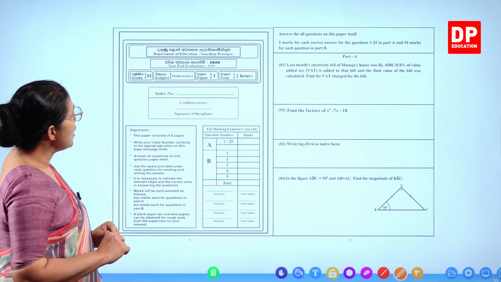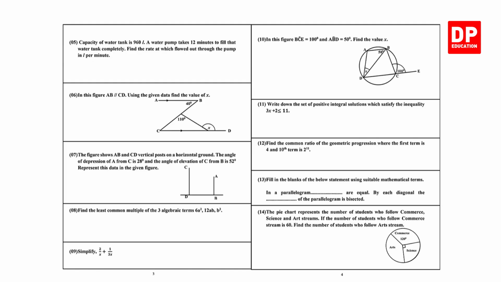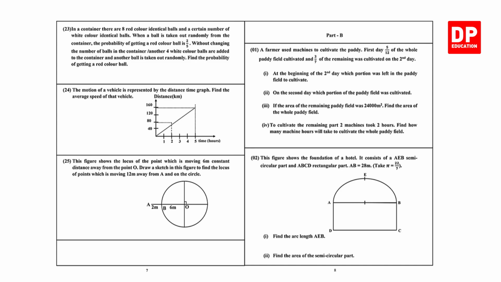On the first page you can see questions 1 to 4, and then 5, 6, 7, 8, 9. Then you get 10 to 14. Then 15, 16, 17, 18. And then 19 to 22. Then 23, 24, 25.